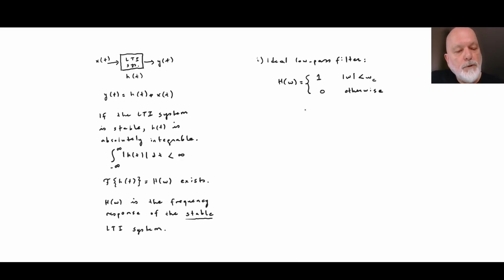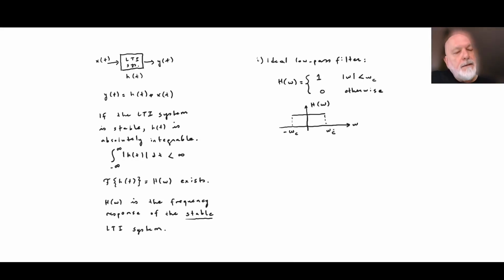Now, if we plot this frequency response as a function of omega, H of omega is equal to 1 for omega between minus omega c and omega c.